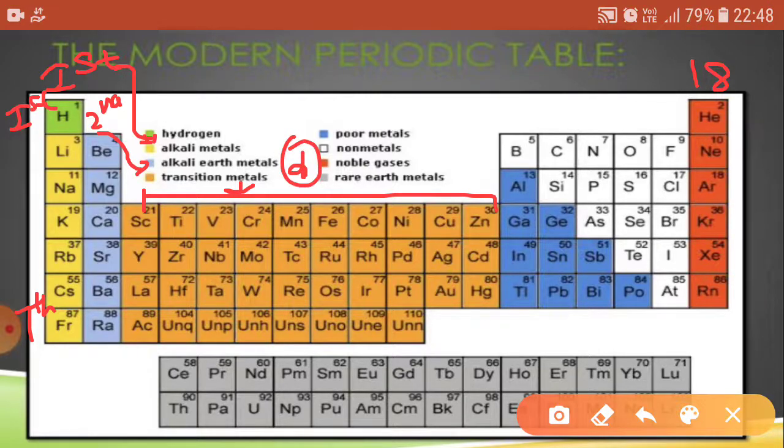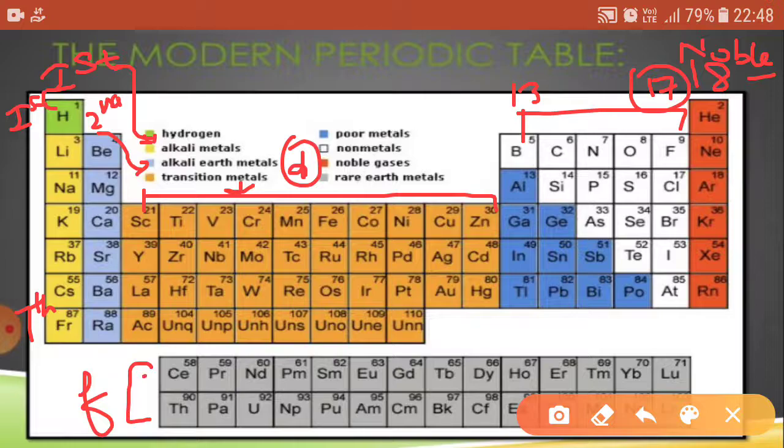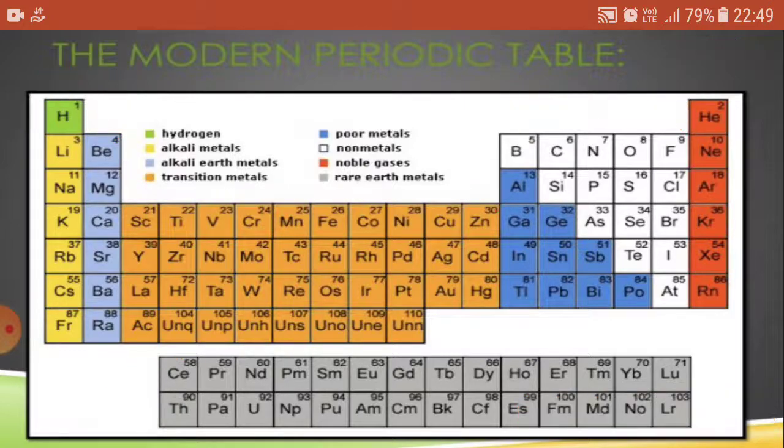The last group is known as the noble gases, and this is the group number from 13 to 17, and group number 17 is known as the halogens. These are the F block elements, and this series is known as the lanthanoids, and this series is known as the actinoids. So basically it is the classification of different groups and periods in the modern periodic table.